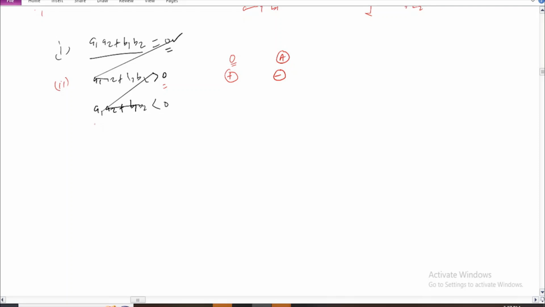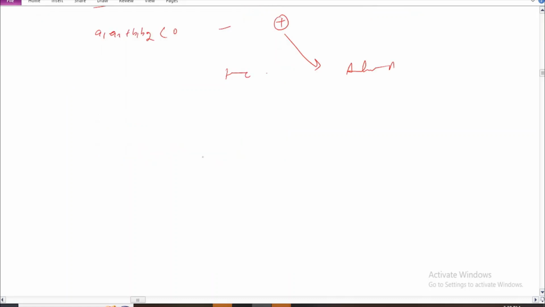And if a1 a2 plus b1 b2 is negative, then the minus sign gives us the obtuse angle bisector, and the positive sign gives us the acute angle bisector.